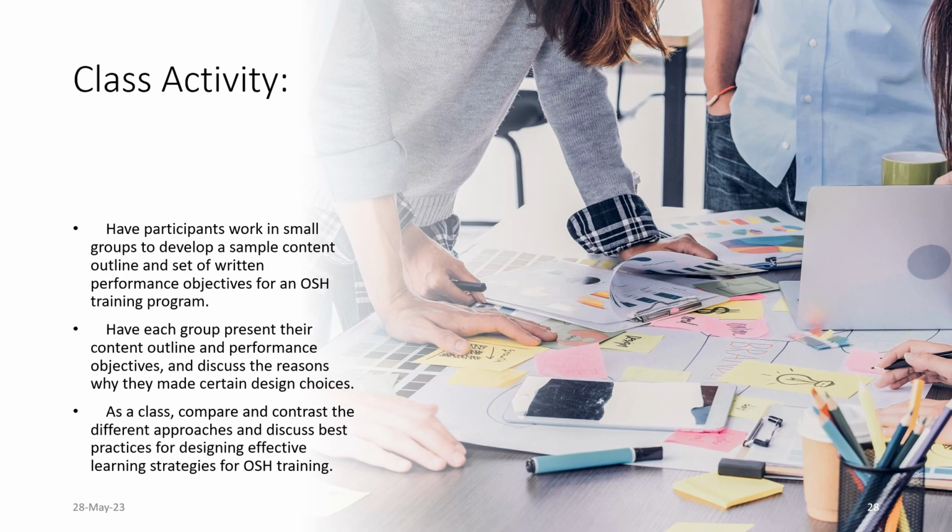All right, and class activity Task 3, as a class, compare and contrast the different approaches and discuss best practices in designing effective learning strategies for OSH training. You must ensure all attributes of learning strategies are taken care of when you design and develop your training plans for OSH trainings.